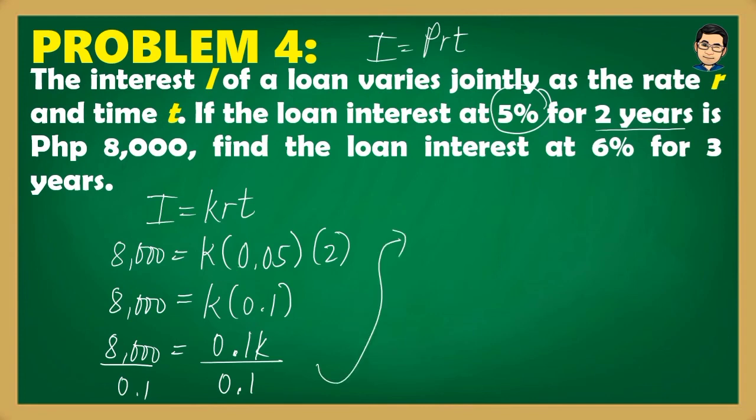So, the value of K is the ratio between 8,000 and 0.1, and that is 80,000. Okay. So, ang constant of variation natin is 80,000. So, ito ang magsisilbing principal amount, yung P, 80,000. Pwede natin lagyan ng peso sign.